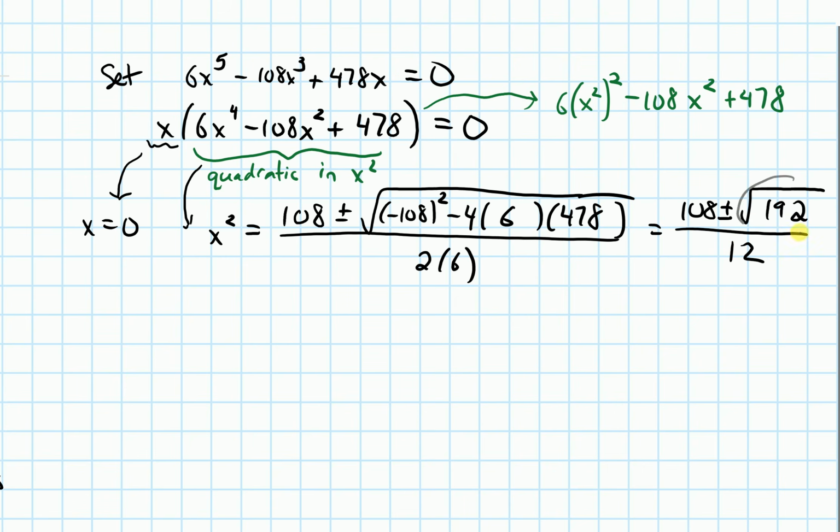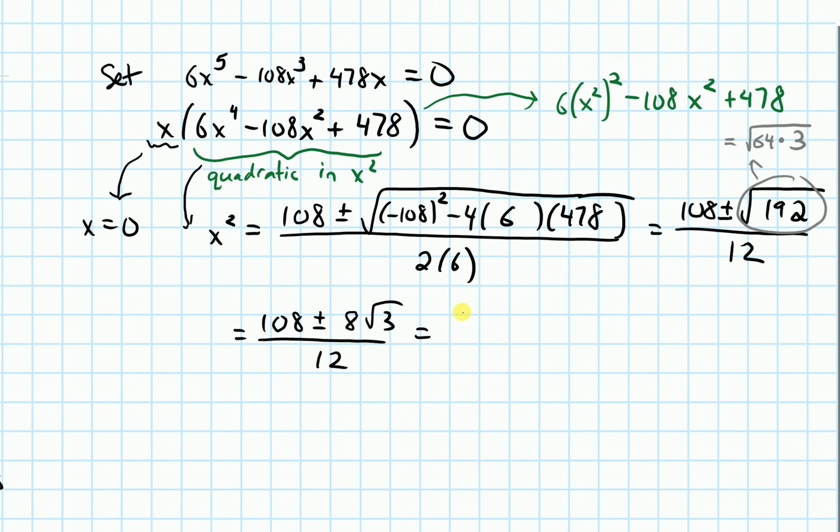It turns out that 192 is 64 times 3. So we have 108 plus or minus, and if I take the square root of 64, we get 8, and then we have square root of 3 still, all over 12.